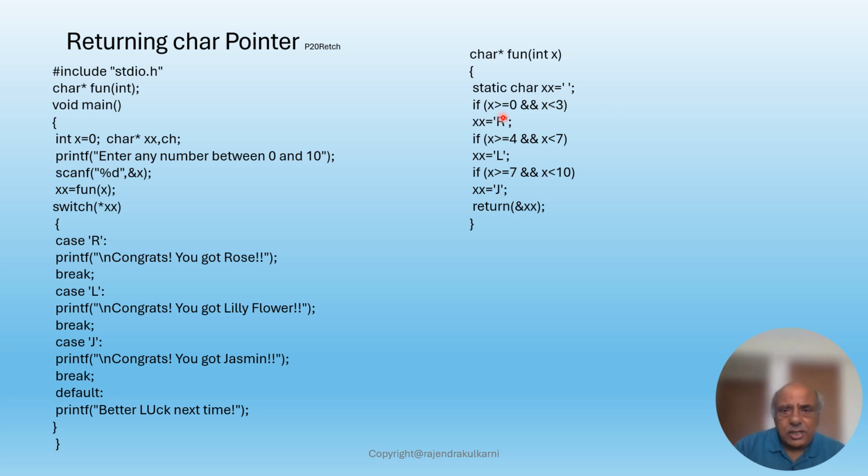If the user has entered a value which is more than 0 and less than 3, xs is assigned a capital R. If x is greater than 4 and less than 7, xs is assigned the character L, and if x is greater than or equal to 7 and less than 10, it is assigned the character J, and there is a return of the address of xs, which has been declared as a static char variable.